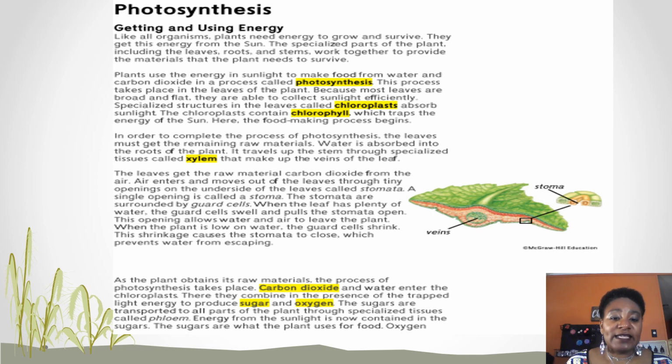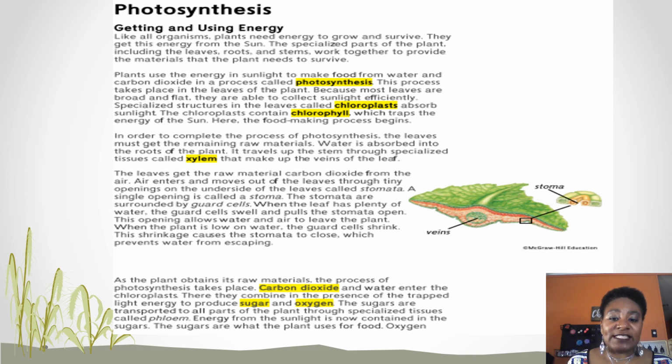As the plant contains its raw material, the process of photosynthesis takes place. Carbon dioxide and water enter the chloroplast. There, they combine in the presence of the trapped light energy to produce sugar and oxygen. The sugars are transported to all parts of the plant through the specialized tissues called phloem.